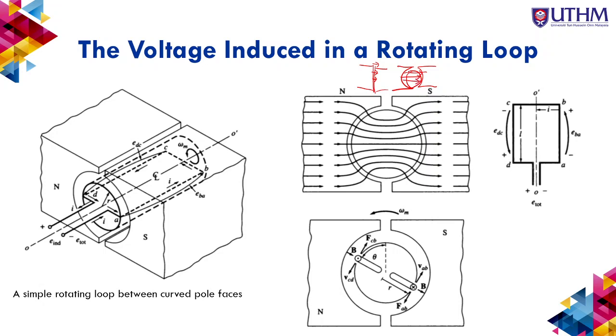This is because the reluctance in the air gap is very high compared to the core. In order to pass through, the magnetic flux will try to take the shortest distance, and the shortest distance will always be perpendicular to the core, perpendicular to the rotor.